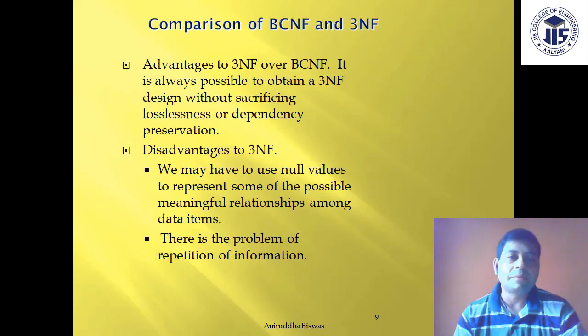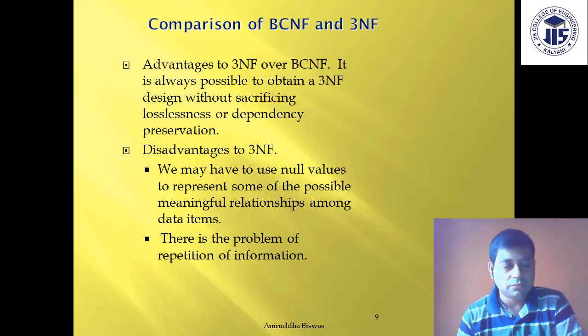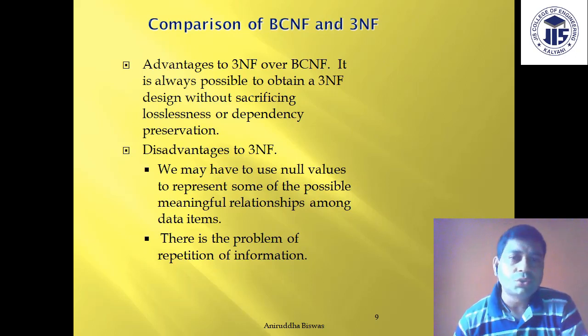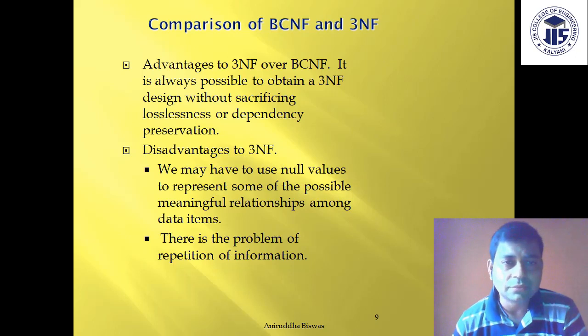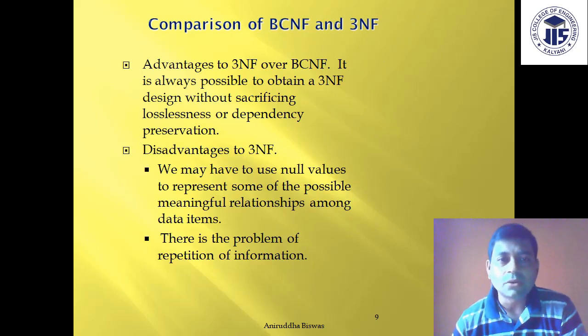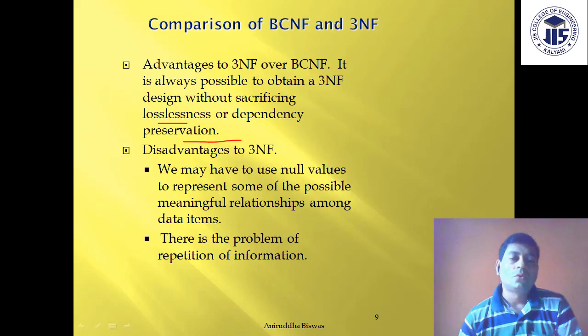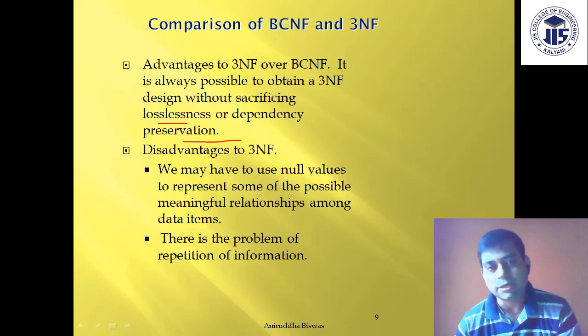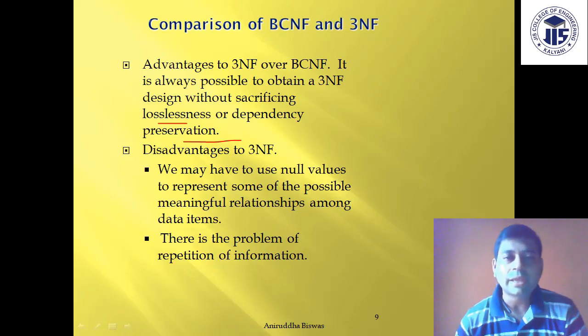Now let's compare BCNF and 3NF. What lies in BCNF and 3NF? Advantage of 3NF over BCNF, let's discuss. It is always possible to obtain a 3NF design without sacrificing losslessness or dependency preservation. So without sacrificing losslessness or dependency preservation, we can achieve 3NF.